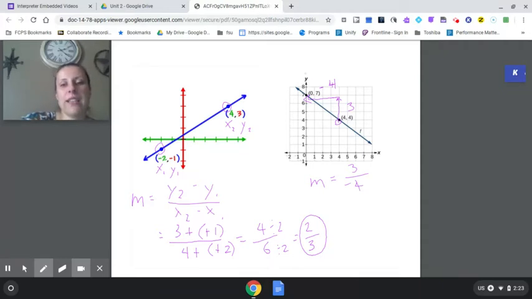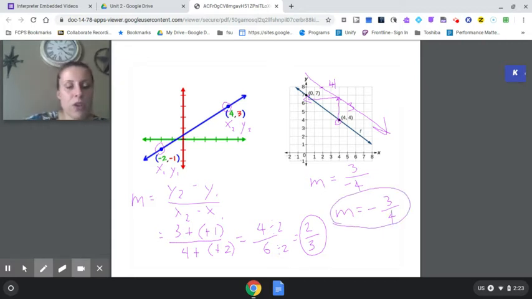Our line is definitely decreasing. It's going downhill. So we do want a negative value for slope. I'm just going to pull that negative sign out front and say it's negative 3/4. Okay, so those were our two examples for slope.